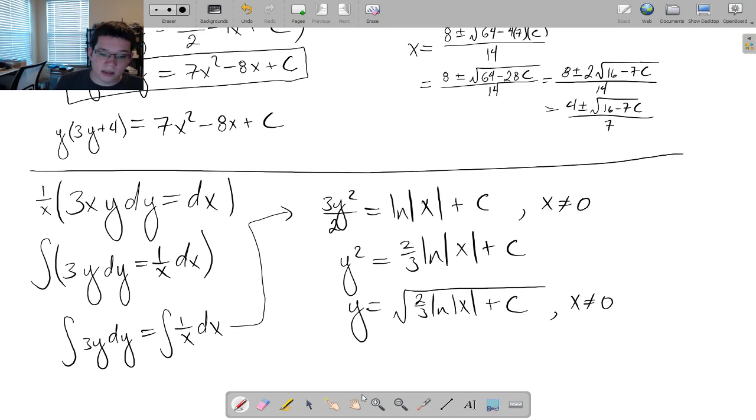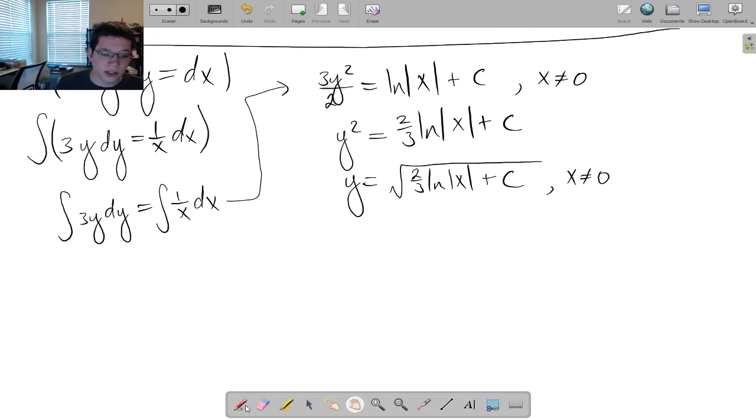So what if x is 0? We need to know what that condition is. So we plug in 0 to this original equation. So 3 times 0 y dy equals dx. So this whole side goes to 0.